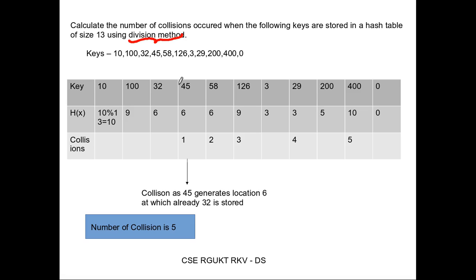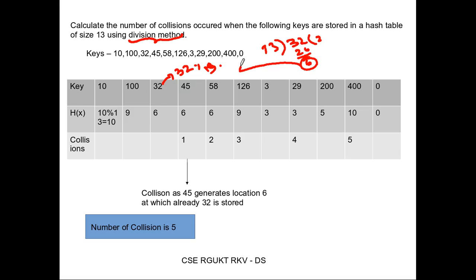So how do you get 6 for 32? 13 times 2 is 26, and the remainder which you have is 6.